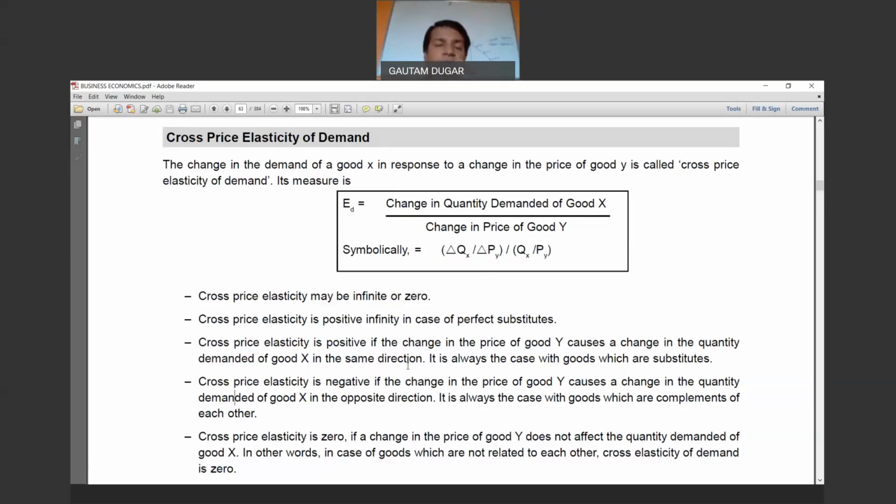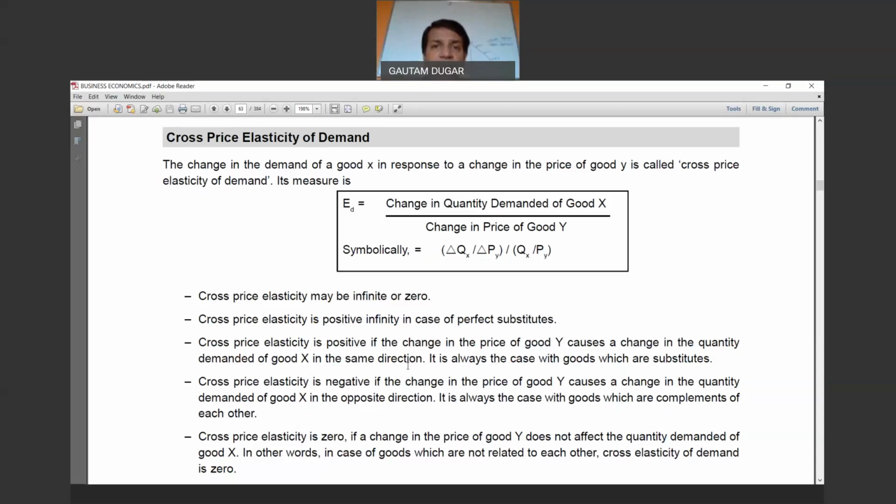Now, what would be cross elasticity of substitute goods? Say for example, percentage change in quantity demanded of Pepsi divided by percentage change in price of Coke. So that will be cross elasticity of substitute goods.